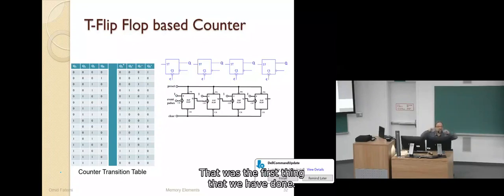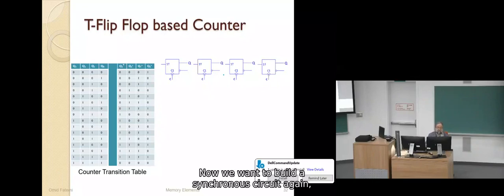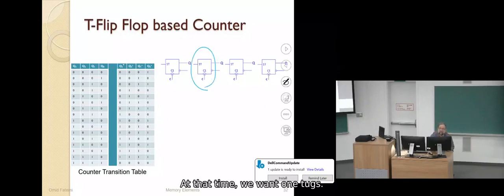So that was the first thing that we have done, and with that design we built a synchronous design, because at the rising edge the output goes. Sorry about that, I put the synchronous first. Now we want to build an asynchronous circuit. Again, I repeat: when Q0 becomes 1, at that time we want Q1 to toggle.